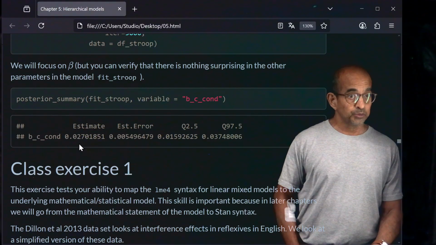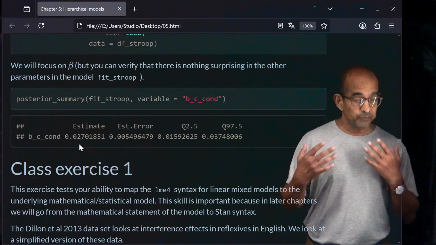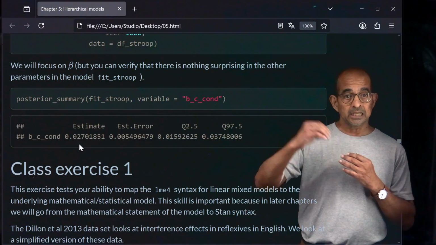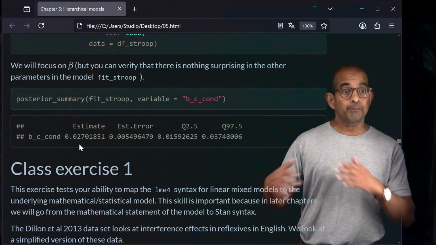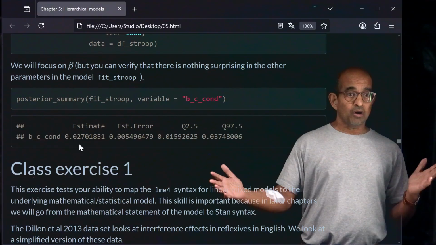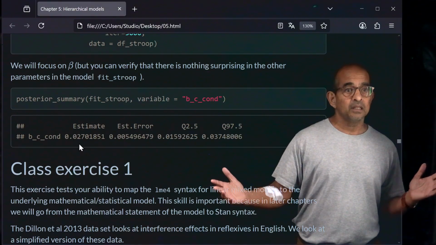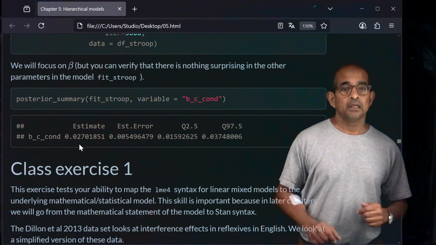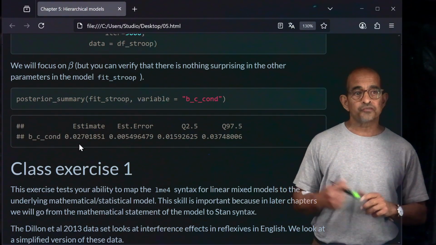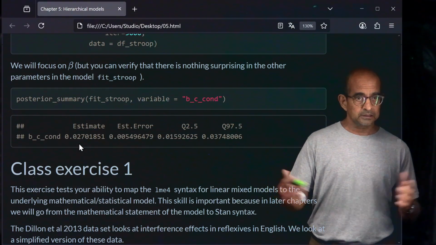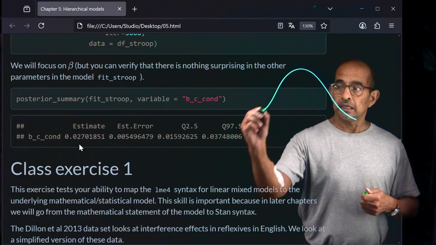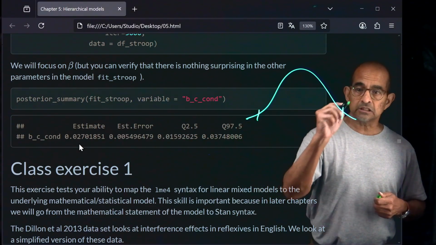And what you can do with the Bayesian approach, which is very convenient once you've done the back transformation, is display the posterior distribution of the estimate on the millisecond scale. So you not only have an estimate of the Stroop effect, the effect of incongruency, but you also have a measure of the uncertainty of your estimate.